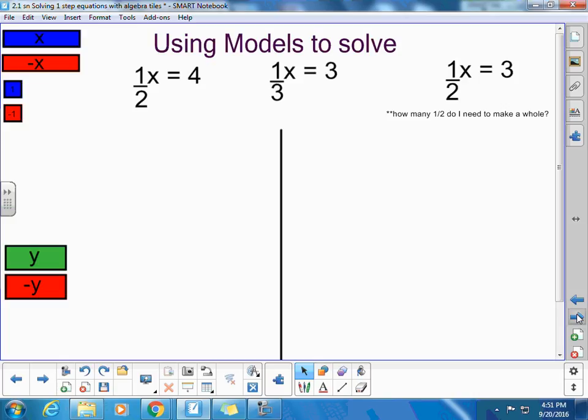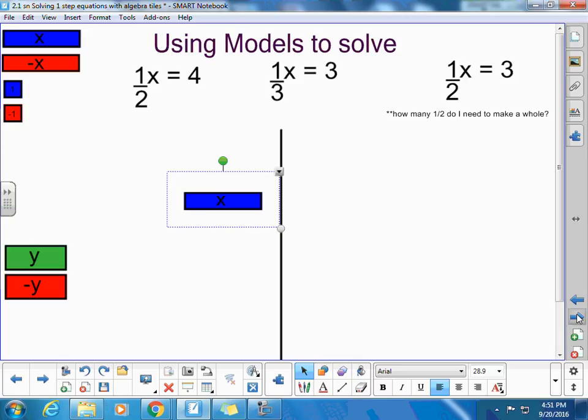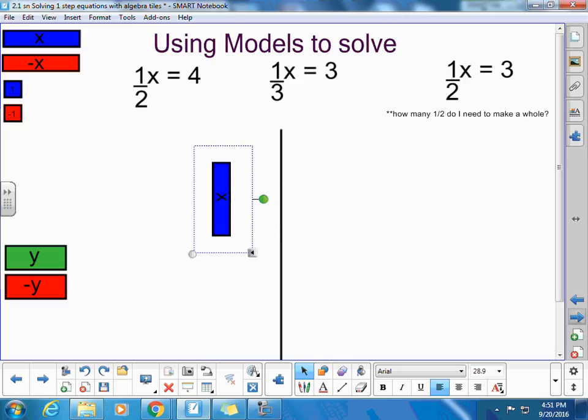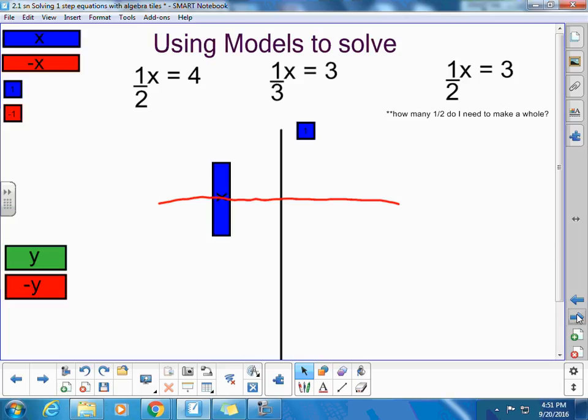Half of an x. I'm going to take an x and turn it on its side. If I think about just half of this x, it is 4: 1, 2, 3, 4.